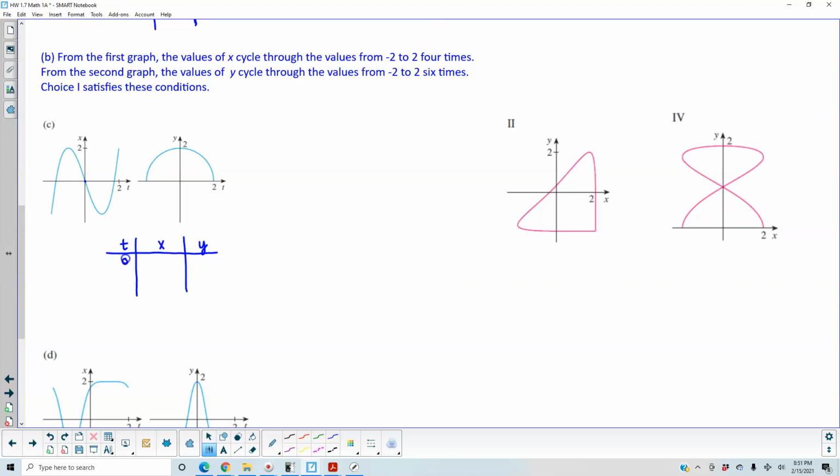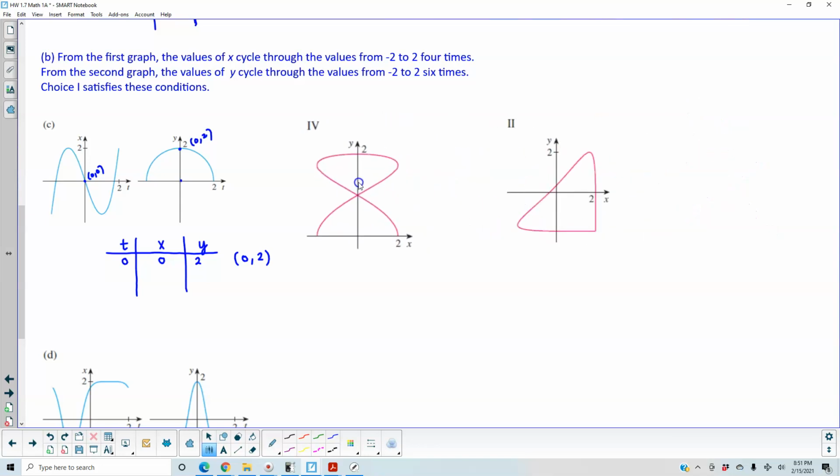When t is equal to 0, the value of x here is 0, and over here, the value of y is 2. So the ordered pair is 0, 2, and that's where it starts when t is equal to 0. So which one of these goes through the point 0, 2? Well, it is number 4, because we can see that right here is where t is equal to 0.